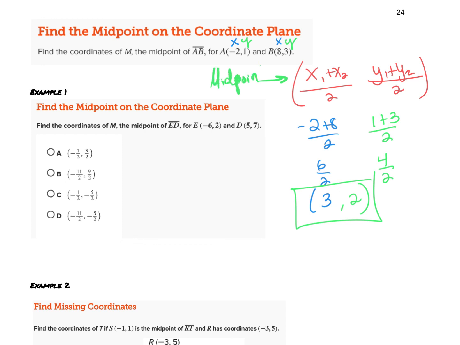Pause the video and find the midpoint for example 1.